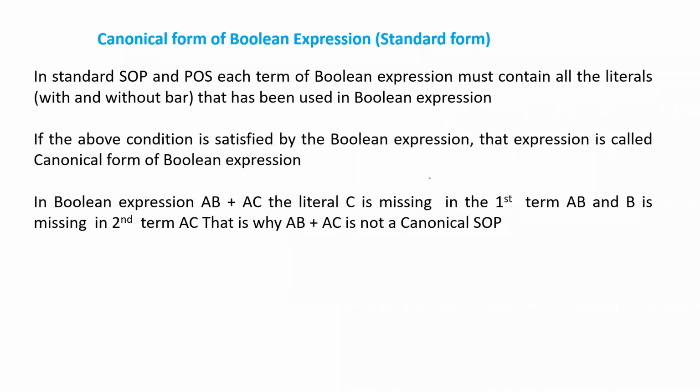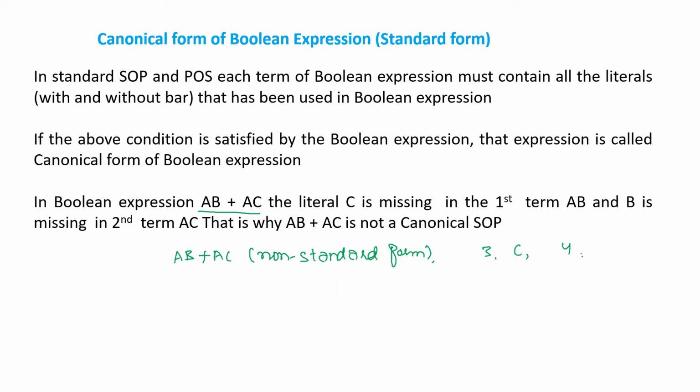Now, in the coming slides, we are talking about another aspect that is called canonical form. So, what do you mean by canonical form or standard form? The one which we are actually discussing, like AB plus AC, is called non-standard form. That means if it is a 3 variable, then C is missing.